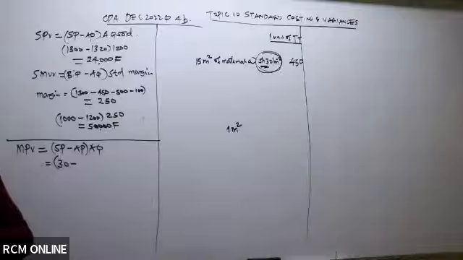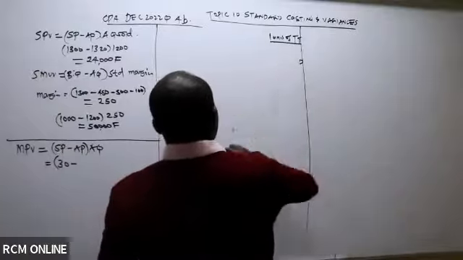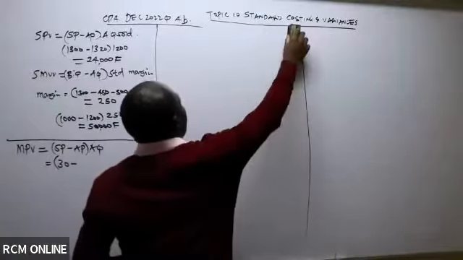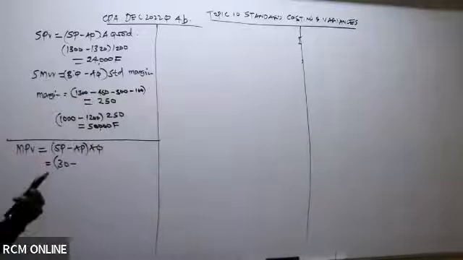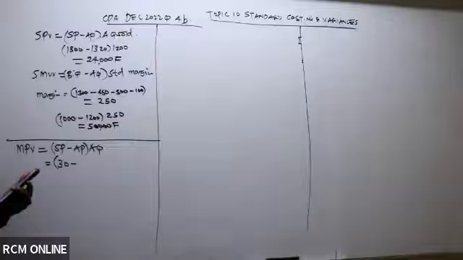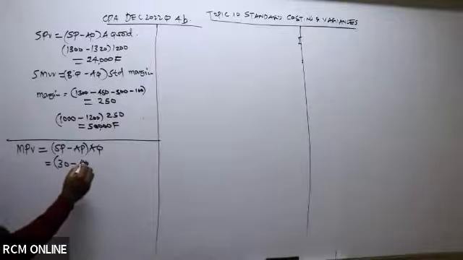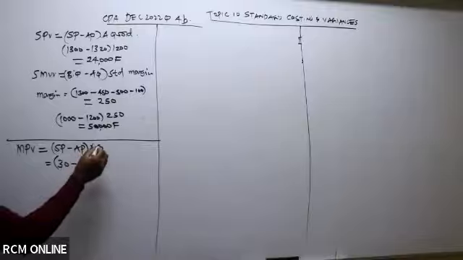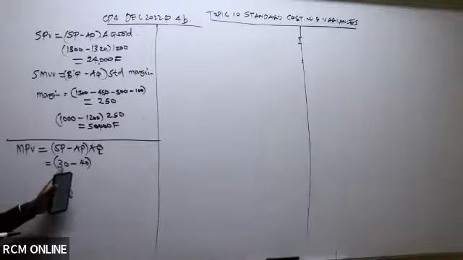Good. Actual price. What is the actual price per unit of raw material? 40 shillings per square meter. Before you look at the actual quantity purchased, they plan to spend 30 shillings per unit of raw material.